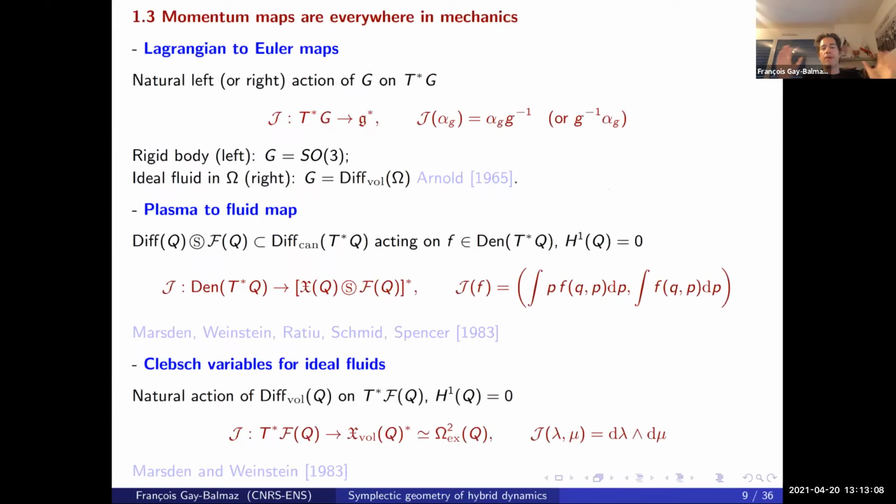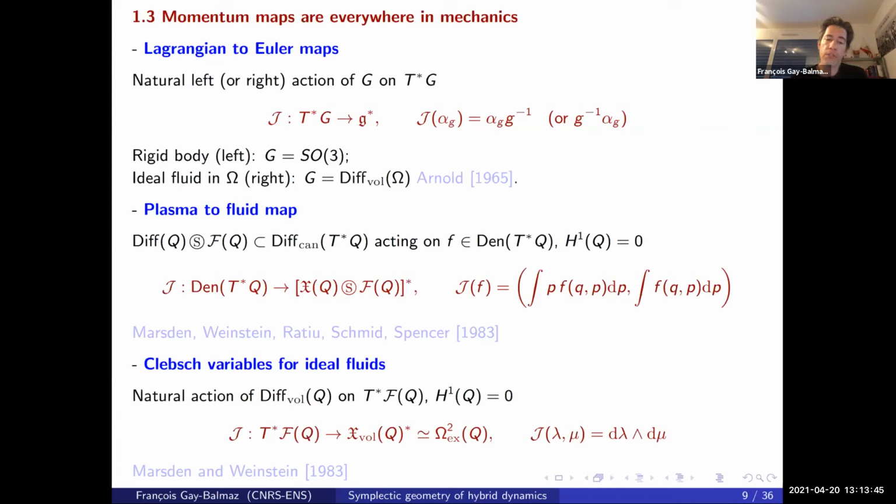So momentum maps are everywhere in classical mechanics, right? Without going through the details, I just wrote down three examples here: Lagrangian to Eulerian maps in Lie group invariant systems on Lie groups, like rigid body mechanics or ideal fluids. They also appear as natural maps from plasma equations to barotropic fluid equations, appearing here in the form of taking the moments, or also as Clebsch variables for ideal fluids.